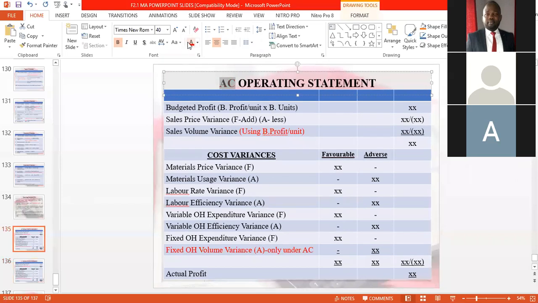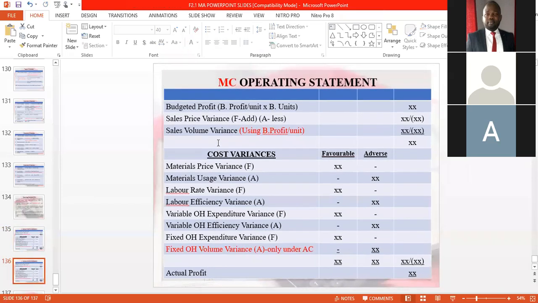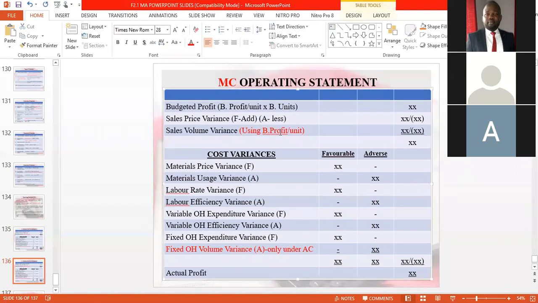So if it is MC now, here we don't use profit per unit. Here we use contribution per unit.